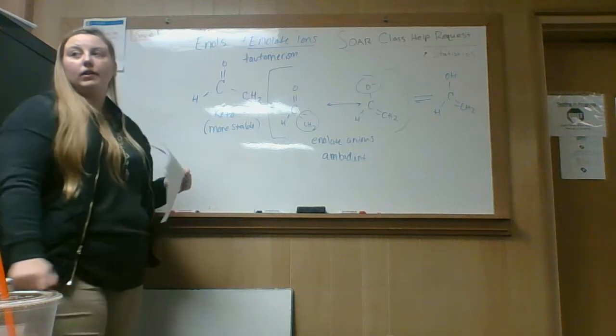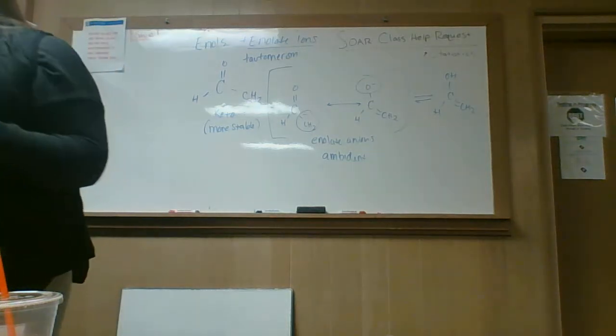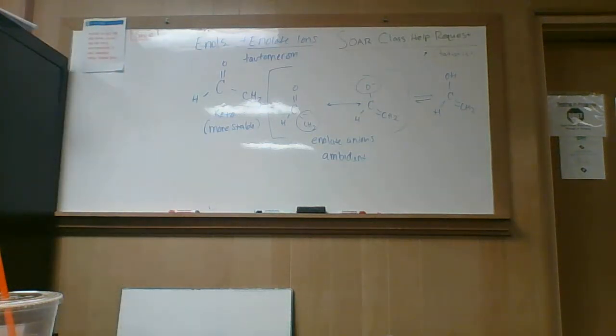When a keto form is in a basic solution, the bonds are broken and it is turned into an enol, but it gets turned into an enolate anion first. Is it only the right-hand side of the enolate anion, or is it possible for both?